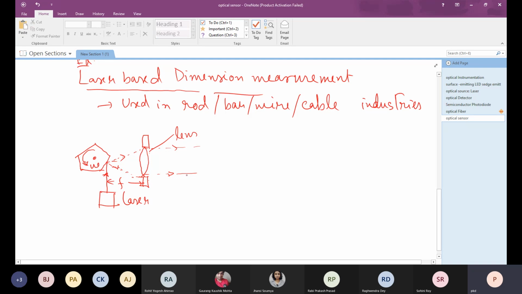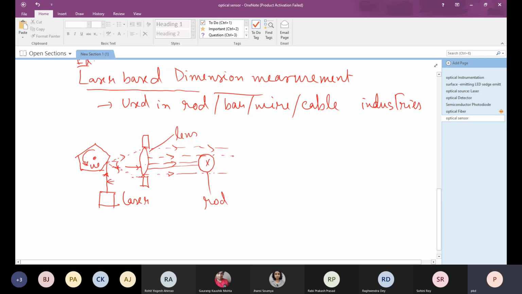Basically it is a scanner which is used in many places. Now in between we have this. This is the cable or rod which is moving perpendicular to this surface at a speed.